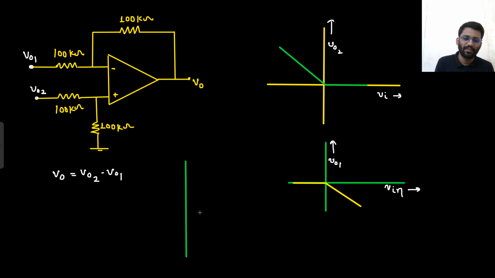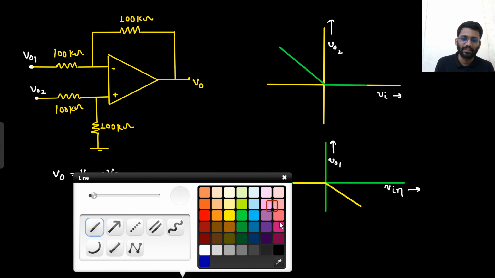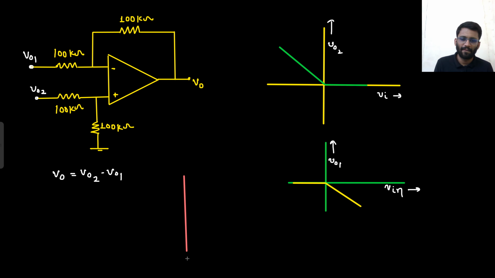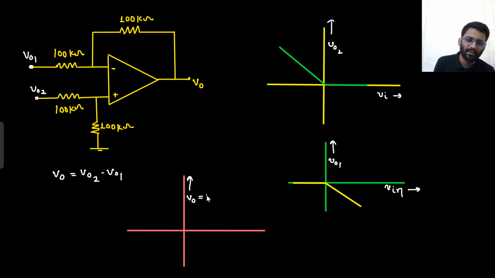Now you need to do V02 minus V01, because you need to draw V0 versus V in. This is your target. And what is V0? V0 is V02 minus V01 versus V in.